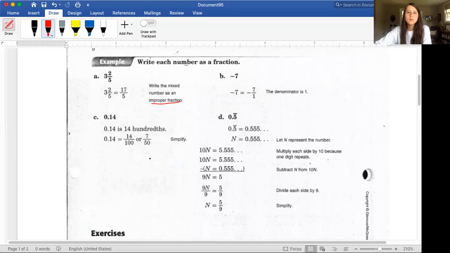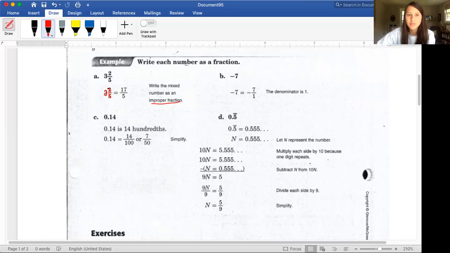So if we see a mixed number, we want to turn this into an improper fraction. How do we do that? So we can think we've got 3 wholes and 2/5, right? So if we turn our 3 wholes into pieces, into the parts, then there would be 15, right? And we can do that by multiplying 3 times 5.